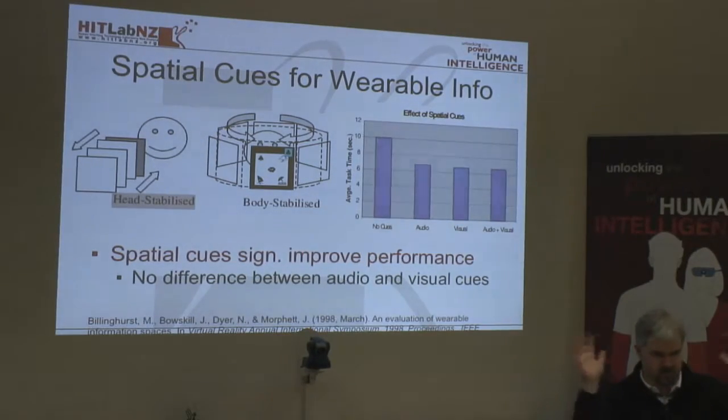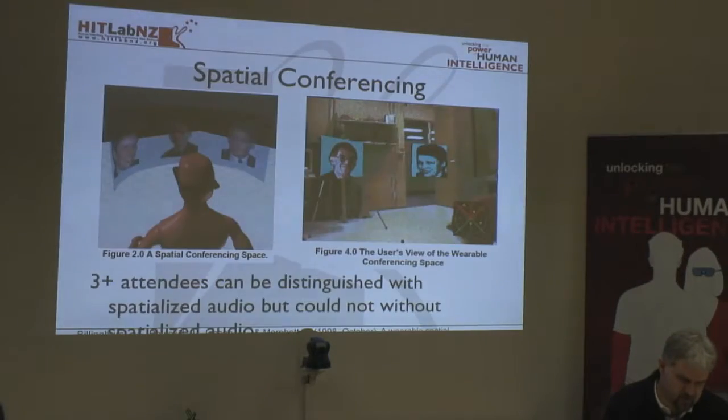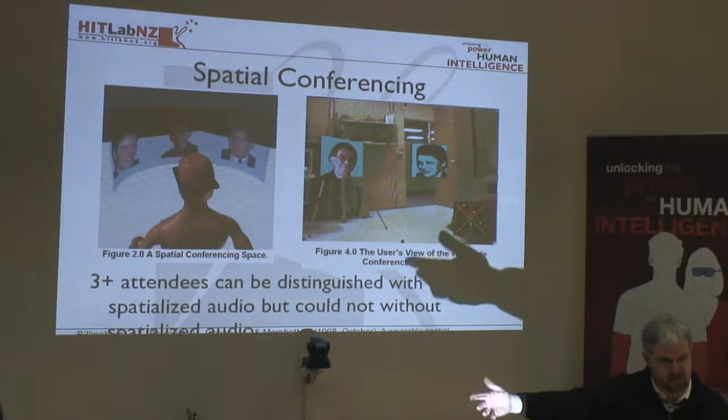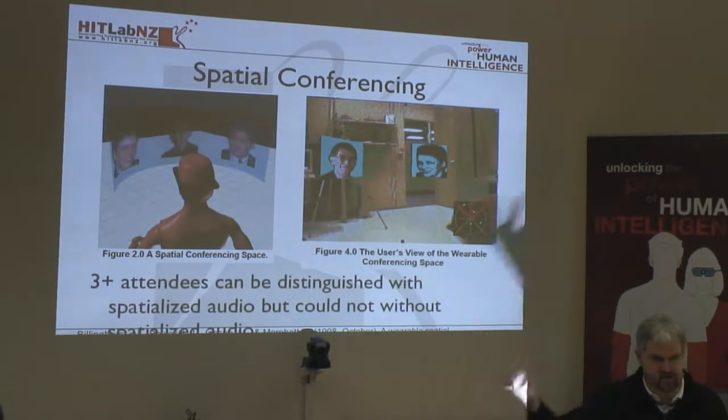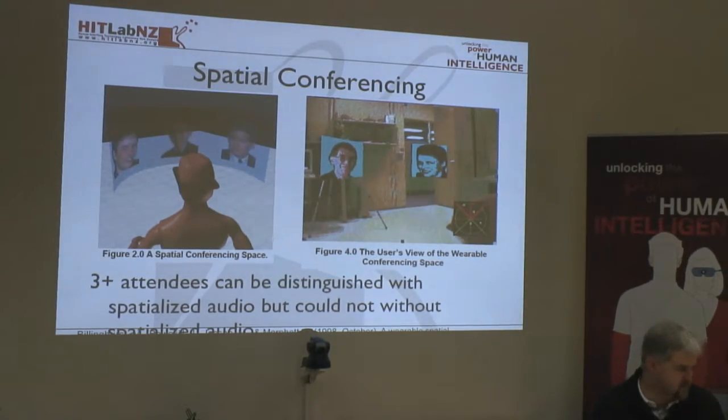People are very good at mapping spatial information into their head. We also did a similar project with audio conferencing. If some of you have been on an audio conference and there have been 3 or 4 people on the other end of the phone line, if those people start speaking at the same time, you cannot hear them because everybody's voice comes through one speaker.